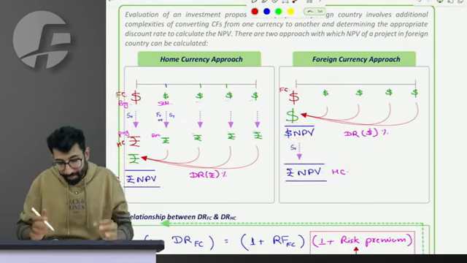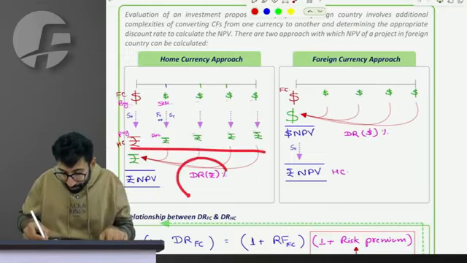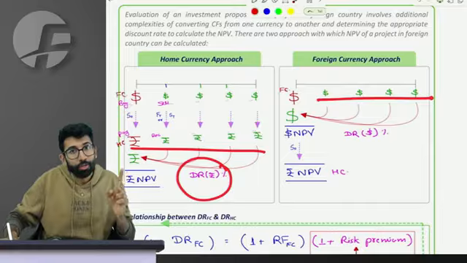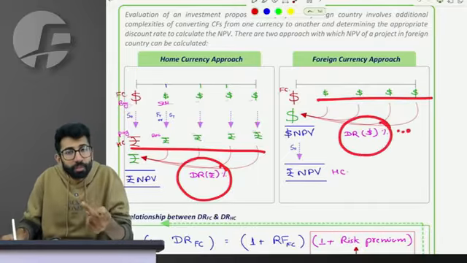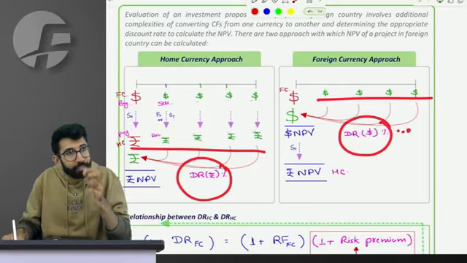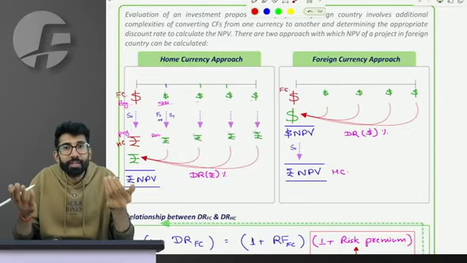Main point is that to discount rupee cash flow, you need a rupee discounting rate. To discount dollar cash flow, you need a dollar discounting rate. Sir, are the two currencies' discounting rates different? Yes, similar to the interest rates in two countries, the discounting rates are also different.